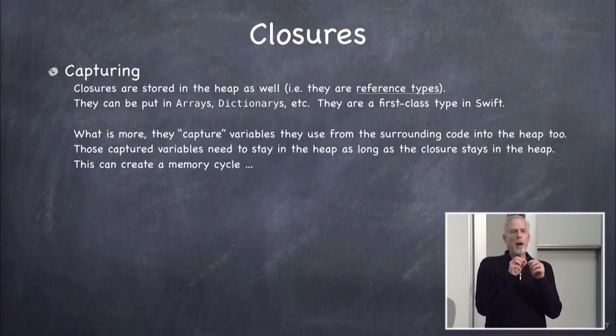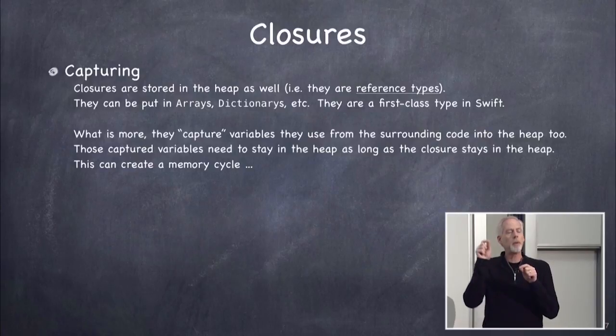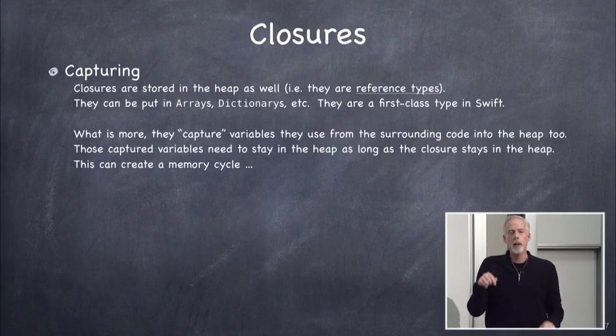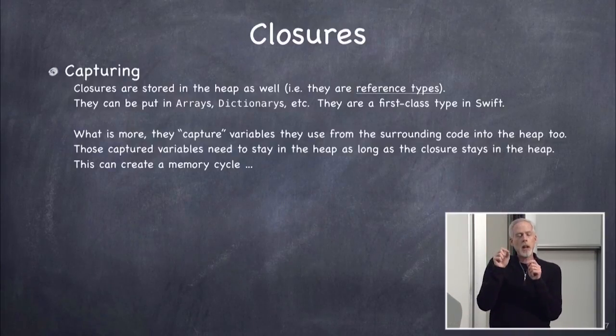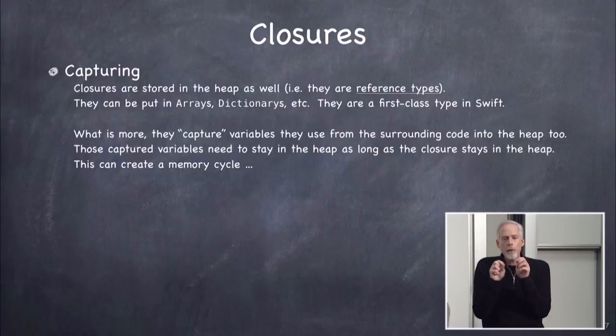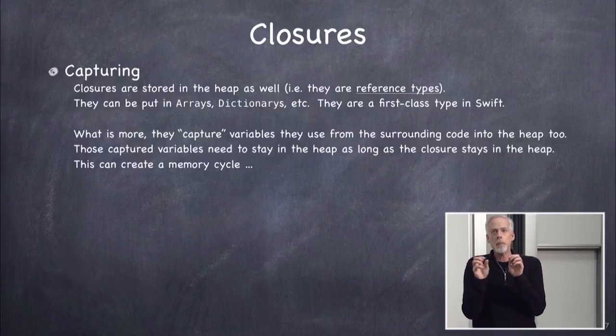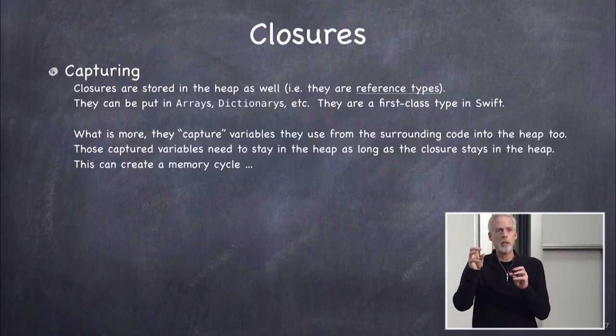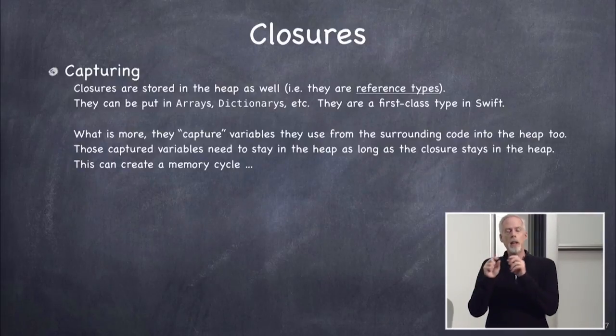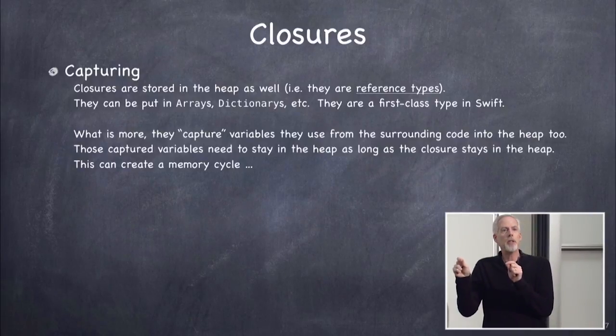Okay, so if you reference something inside a closure, remember what closures are, right? You open curly brace and we have some code in there like we had in our operations table of our calculator brain. So inside that closure, inside those curly braces, you reference some reference type, something that's in the heap. That closure is itself a reference type. It lives in the heap, and it's going to keep a strong pointer to the other thing.